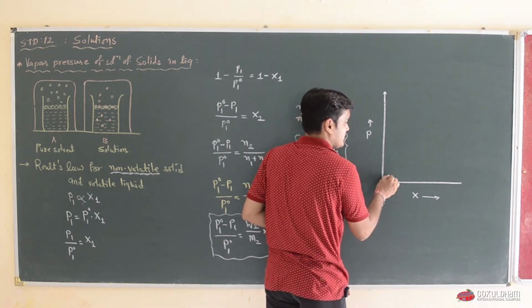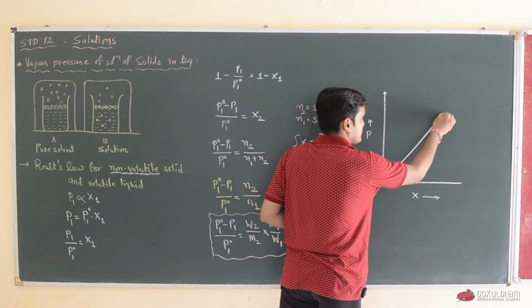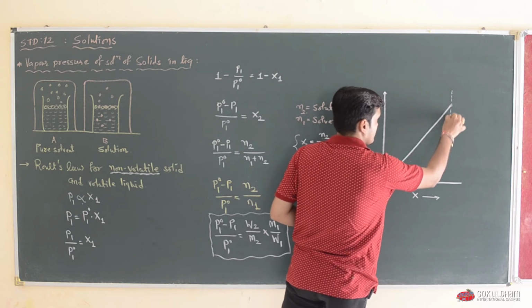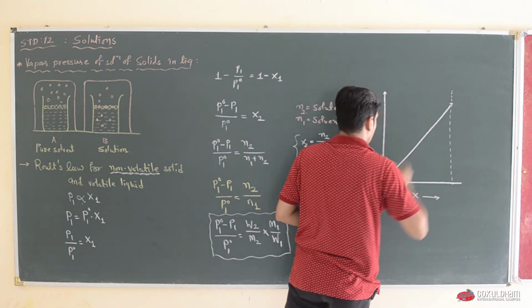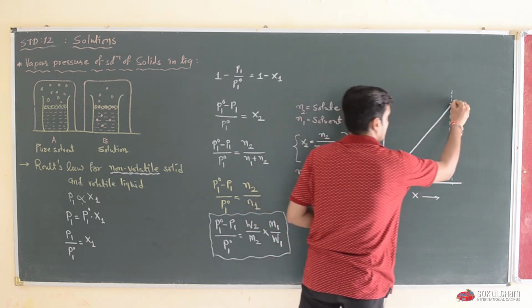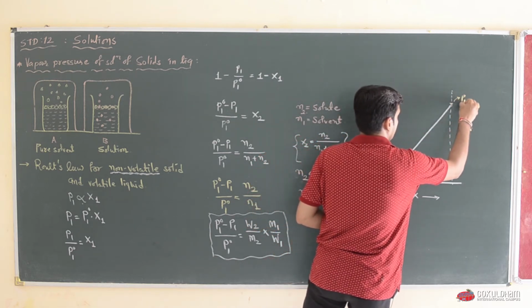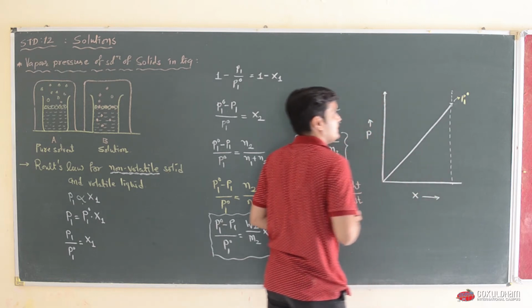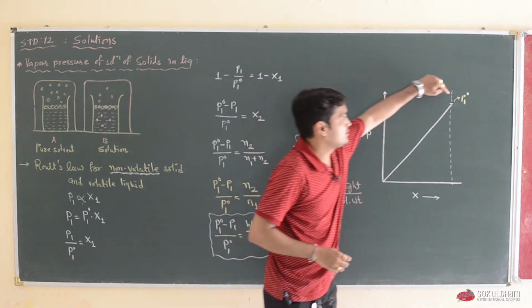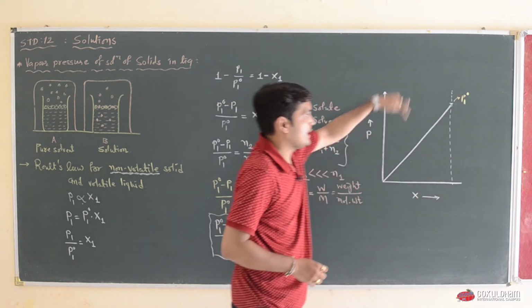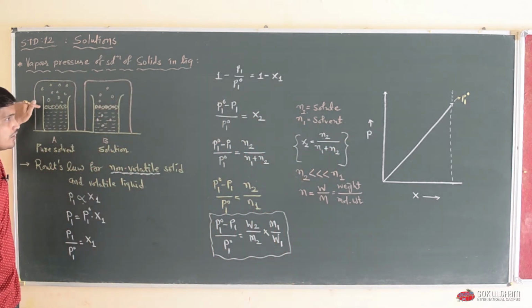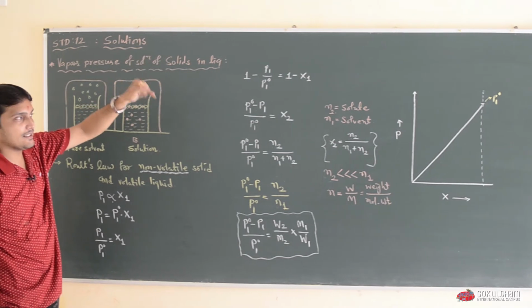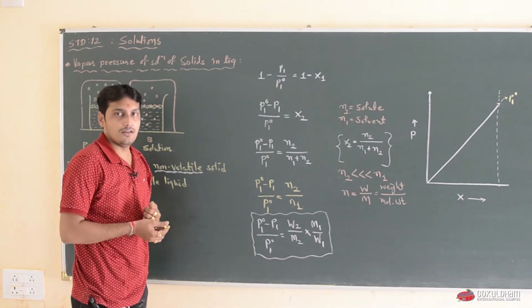So we get a graph like a straight line, and at this point we will get the actual vapor pressure as P1⁰. This value is known as the vapor pressure of the pure solvent. We can get it by the intercept in the graph.